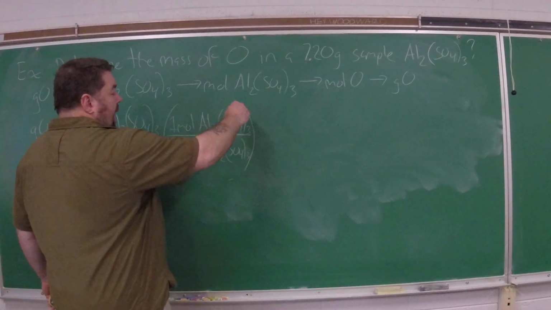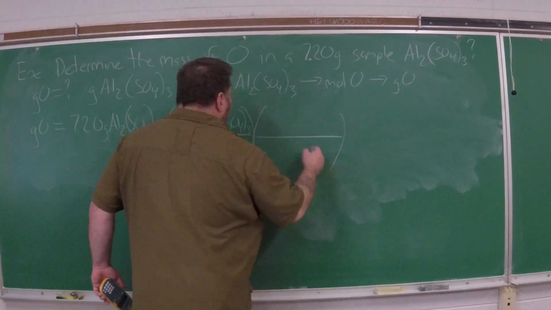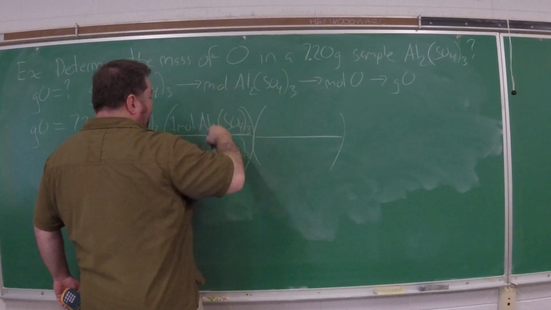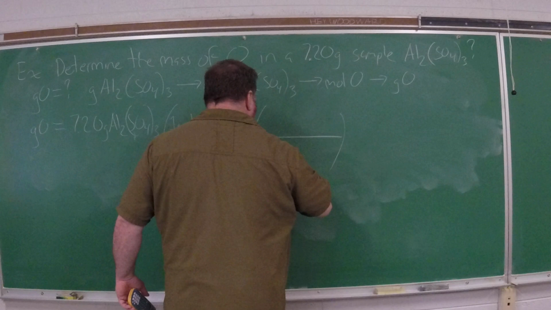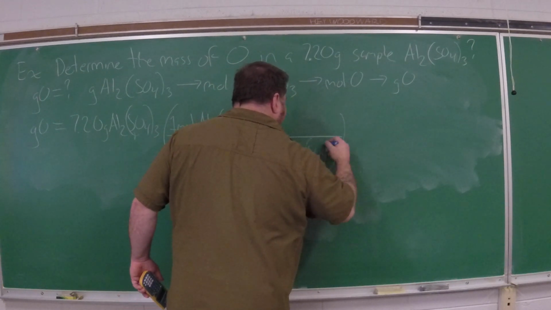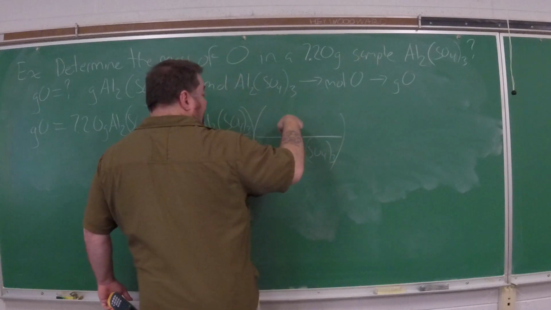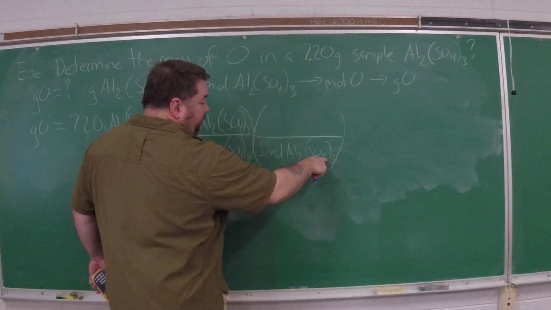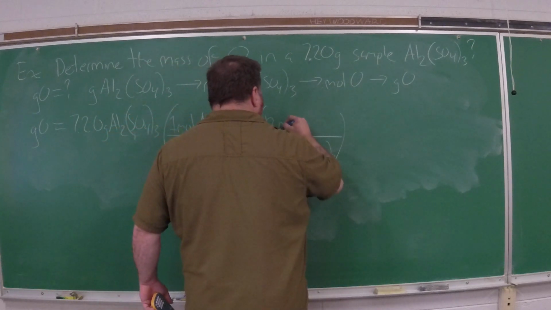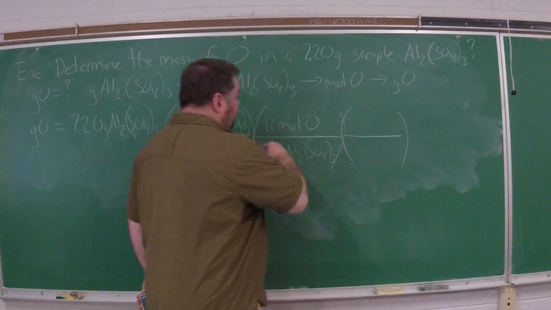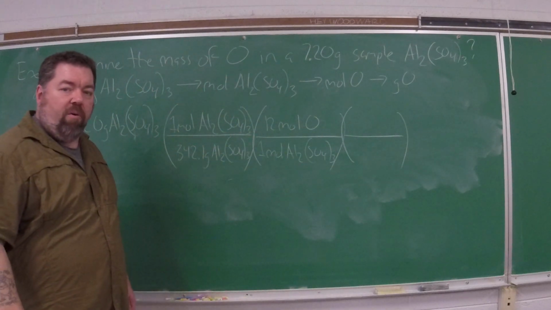Now we're going to be here. Moles to moles. Again, I want moles of aluminum sulfate to cancel. That goes into the denominator. Put moles of oxygen up here. Again, these are from the chemical formula. It's 1 to 3 times 4, to 12 moles of oxygen. And then I'm going to use the molar mass to go from moles to grams.